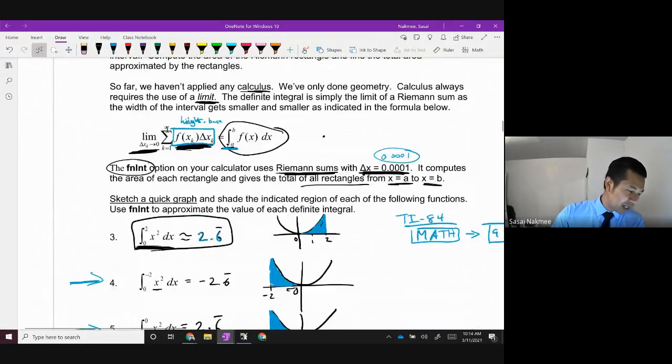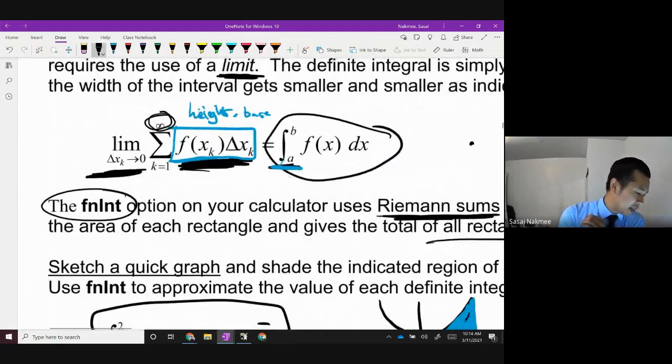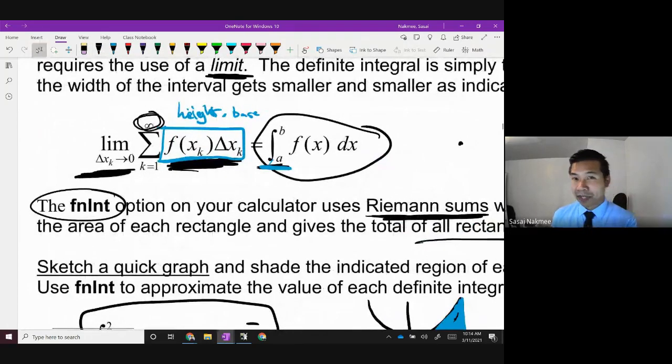If I can get myself to infinitely many rectangles, that's this guy right here, and I took the limit as I approached infinitely many rectangles, we found out that that's equal to this integral, which gives us the exact value. That's the calculus approach of this. It's the fact that we're taking the limit as we go towards infinitely many rectangles. We can calculate the area underneath the curve using this.